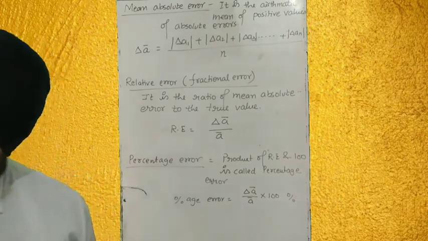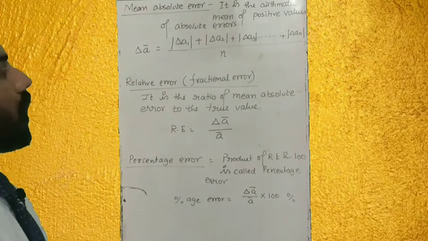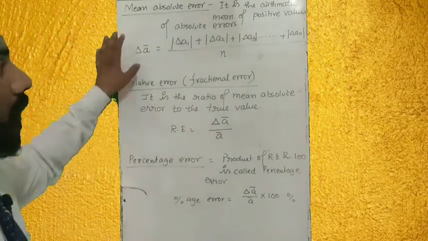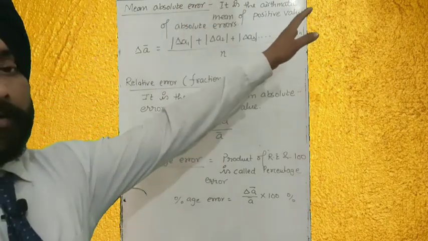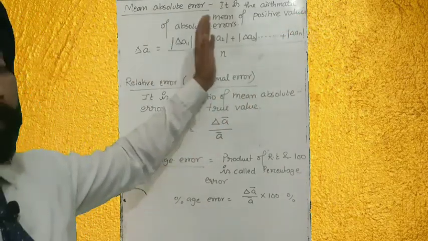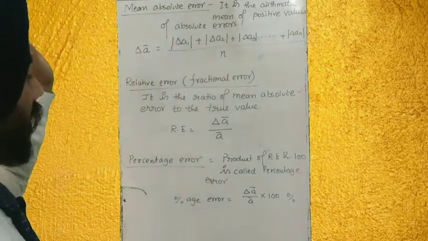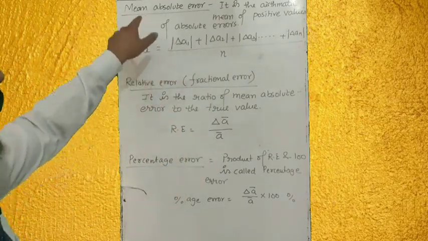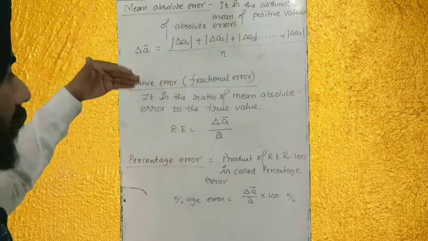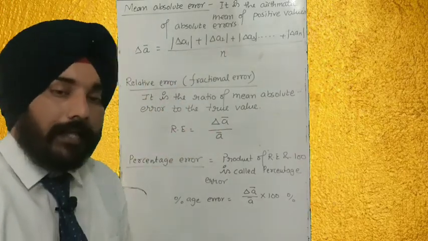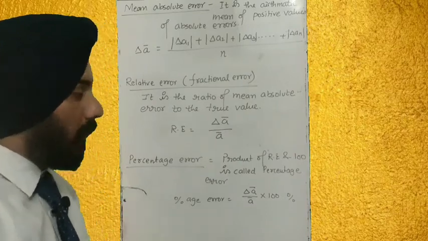After an experiment, these are the steps that we have to follow. First we need to find the arithmetic mean, that means the true value. After finding the true value, we calculate the absolute error, then the mean absolute error, then the relative error, then the percentage error, and at the end we need a result.